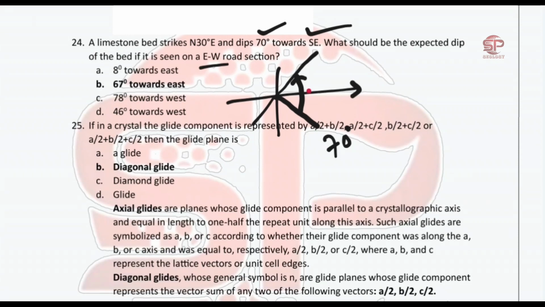It will decrease, but not to that negligible amount, because an 8 degree apparent dip would be very close to the strike direction. So this option will be incorrect. Then coming to these two options, one is given as 78 degrees, so it is not possible, as the apparent dip cannot be greater than the true dip. So this will be incorrect. And they are also incorrect because the dip is given towards the west. The remaining one is this one. So this will be correct.